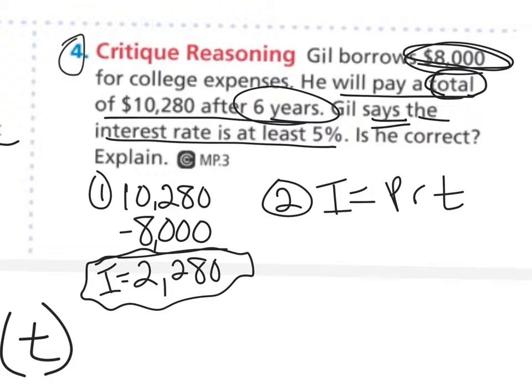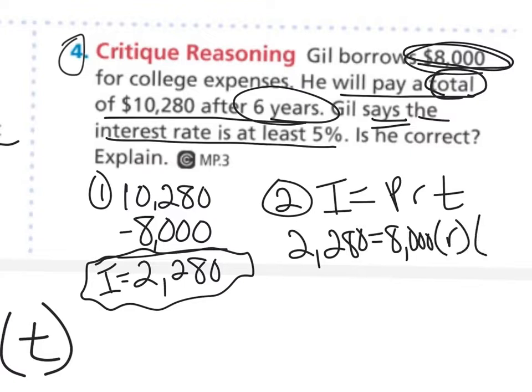So the interest, again, is the $2,280. Principal, that's how much he borrowed in this case, is $8,000. The interest rate is what we're trying to find, and the time is 6 years.